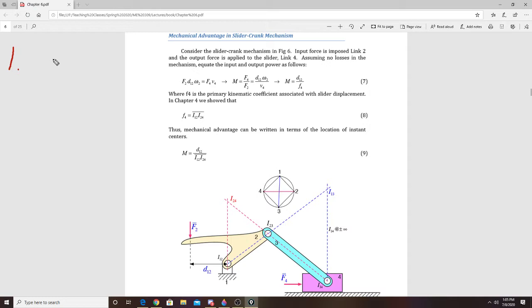Nothing will be moved. So it is input to output force.